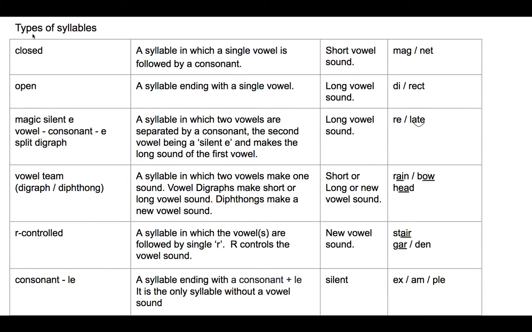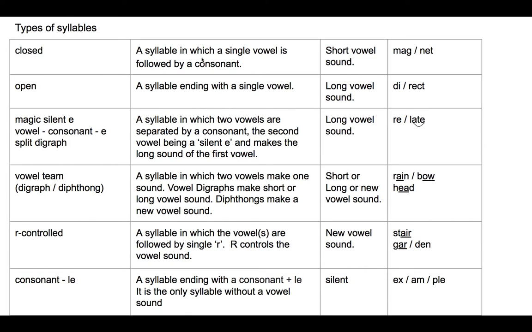Now let us see the types of syllables. We have 6 different types of syllables. We have already learnt all of these syllables. The only thing is that we do not know the names of the syllables. Closed syllable.